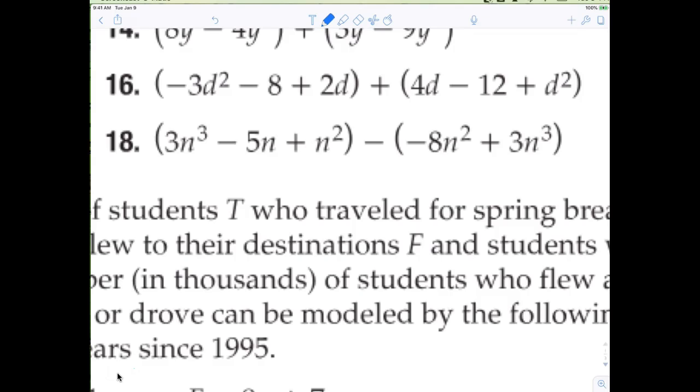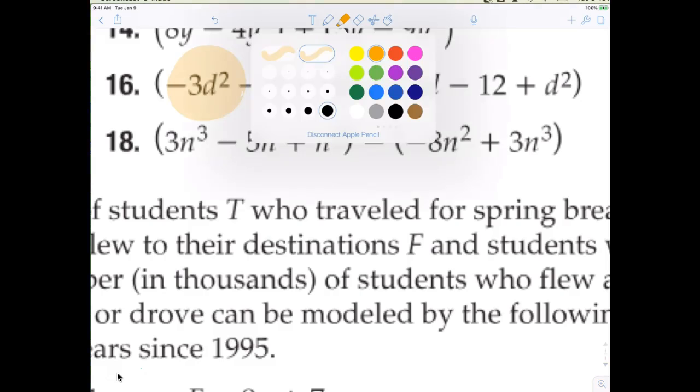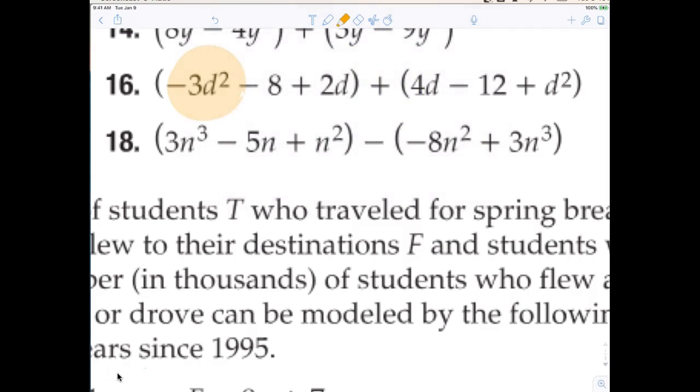All right, Emily, why don't you tell me this one? Which ones am I going to combine? Look up. One more time.